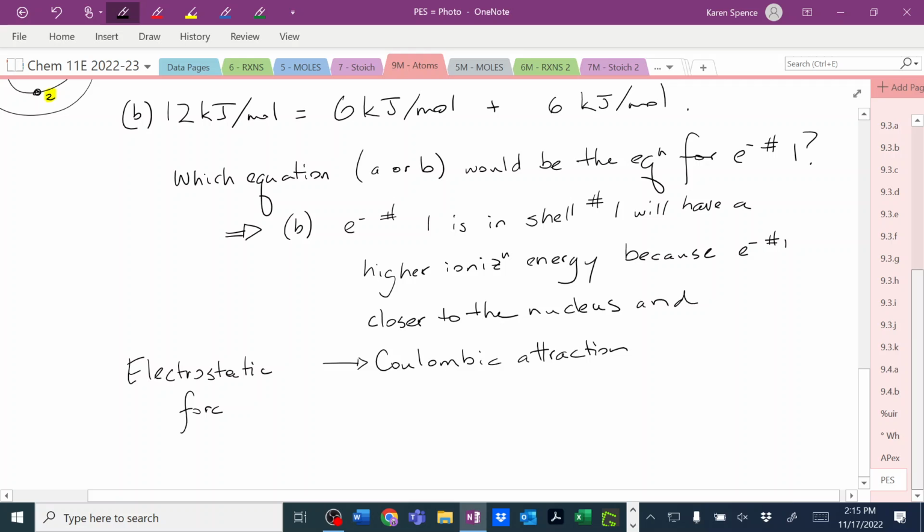I would say electrostatic over attractive because attractive could be gravitational. Do you know what I mean? I want to actually say it's related to the charges. And what are we actually going to say about Coulombic attraction here?